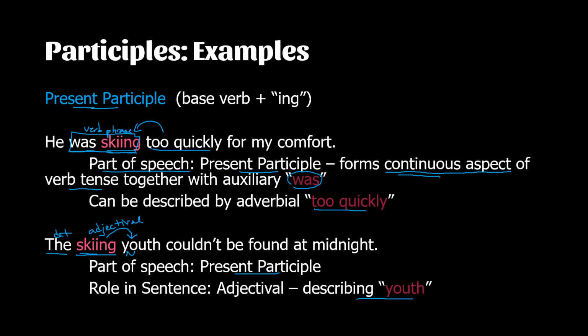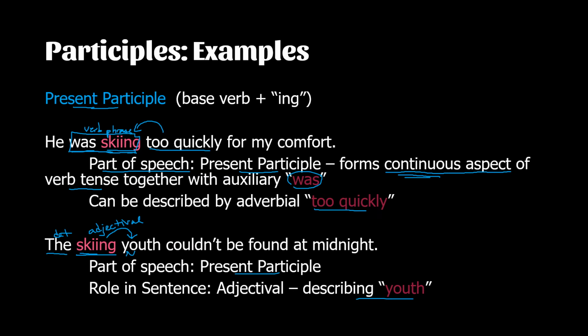Stop the video, think of any base verb and add ing. Can you use it with a continuous verb tense? You can say present continuous like I am skiing, you are skiing, or you can do past continuous. I was skiing, we were skiing.